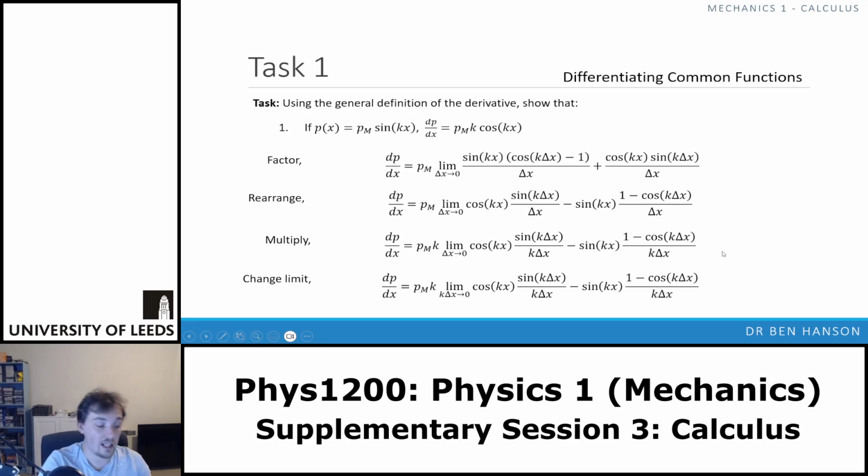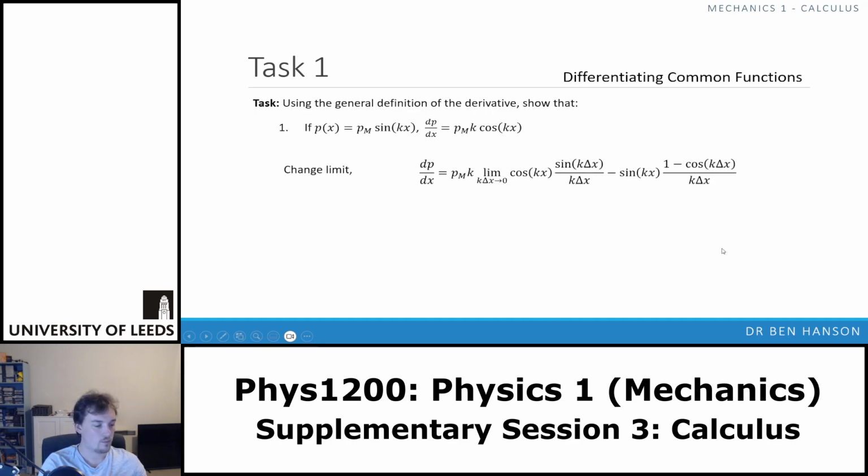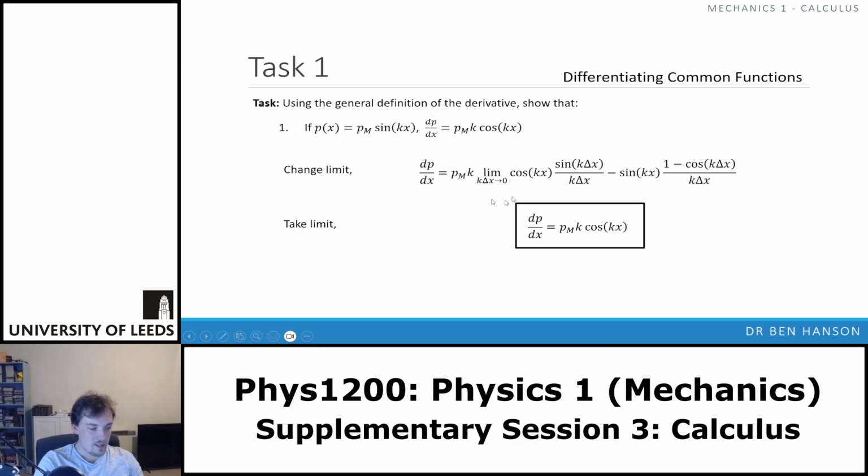And you can put that in your calculator to find out why that is. So this one goes towards 0. This one goes towards 1. So that means that as we take that limit, that entire term goes away, and that becomes 1, leaving dp by dx is pm k cos kx. And that's our answer. That's what we wanted to show.